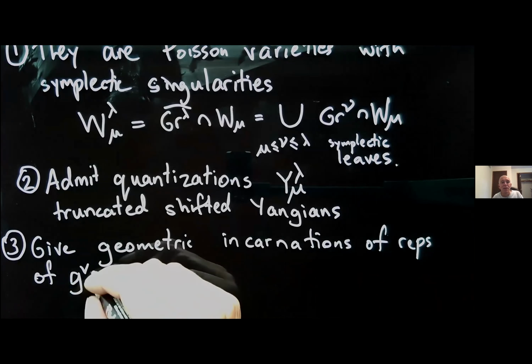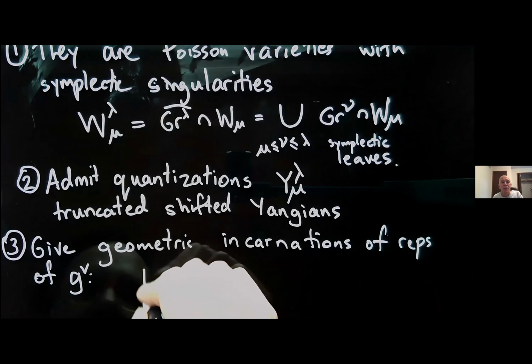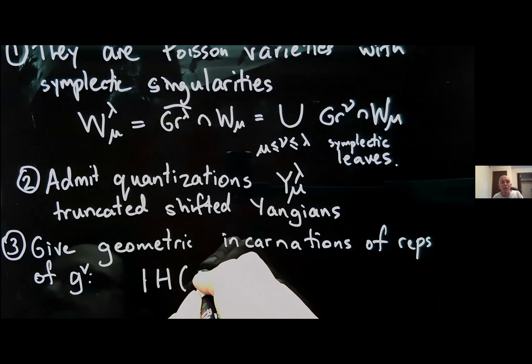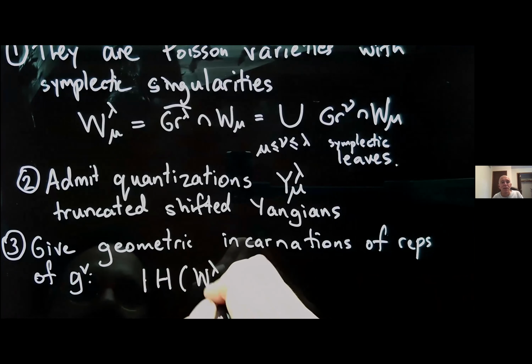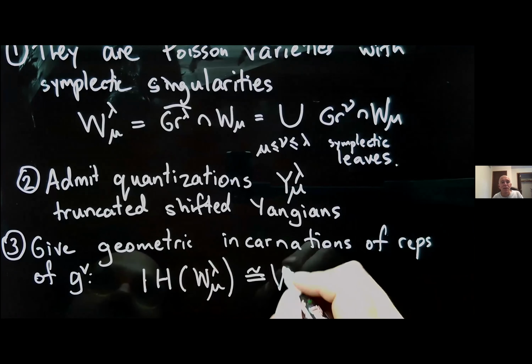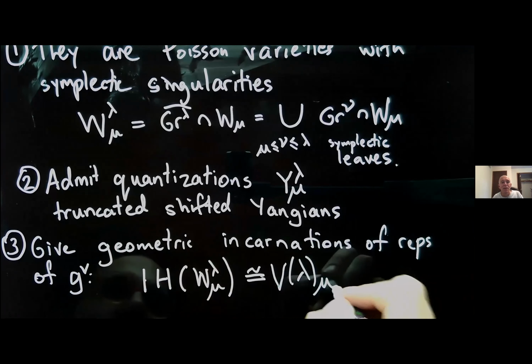What I mean by this is that the intersection homology, using the geometric Satake correspondence, of such an affine Grassmannian slice is isomorphic to a weight space in an irreducible representation.